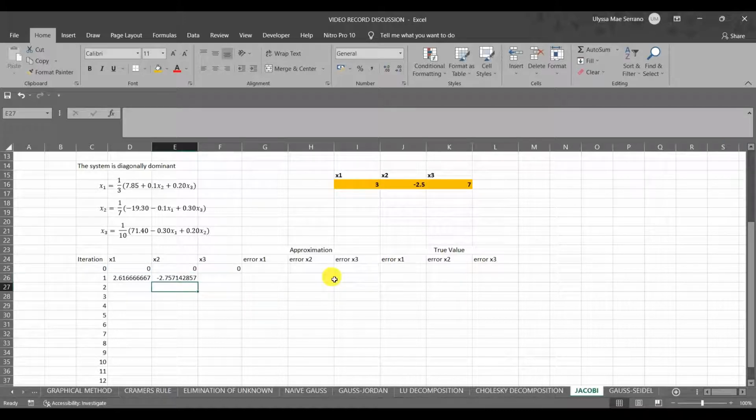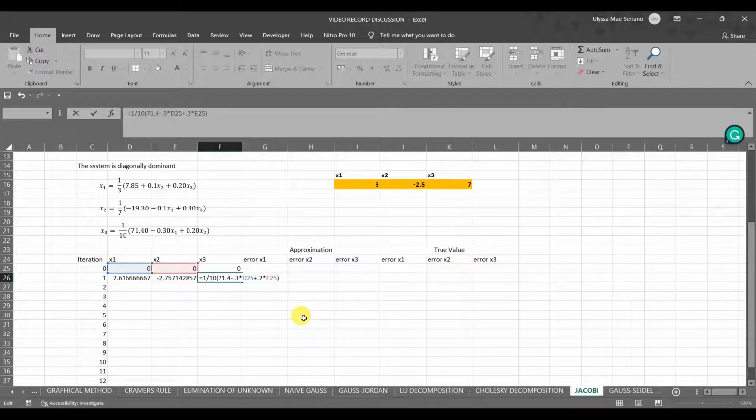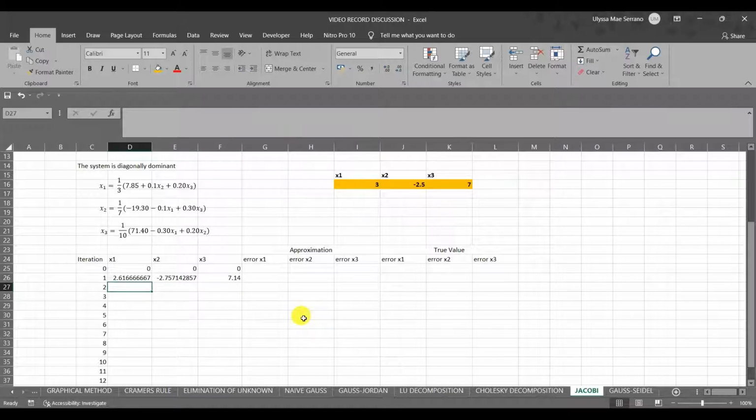So, we will be able to calculate negative 2.7571. For x sub 3, using the third equation, 1 over 10 times 71.4 minus 0.3 times x sub 1 plus 0.2 times x sub 2. So, we will be able to have here the value of 7.14.